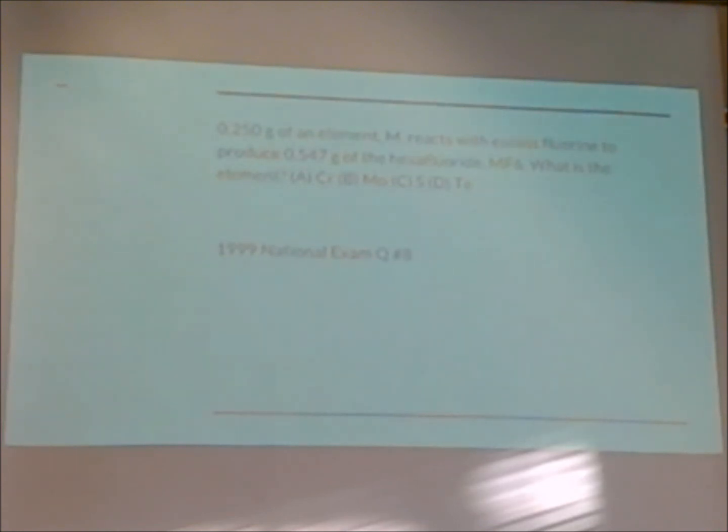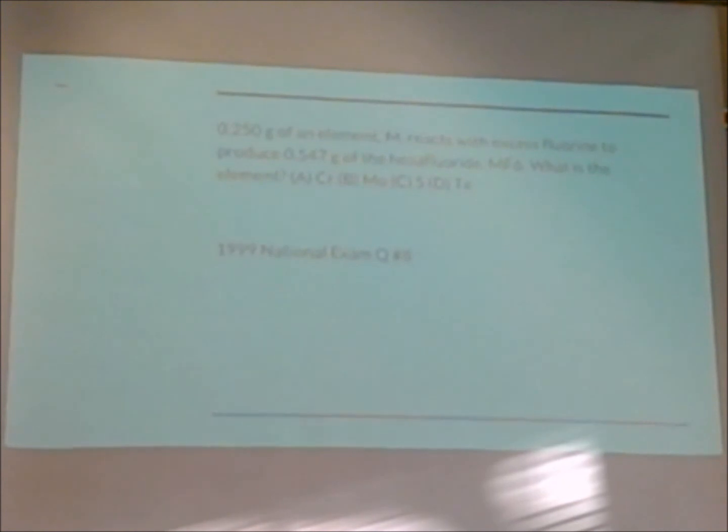So we basically have a linear equation. 0.250 equals 0.0026 times X. So I'm just going to quickly do this. We're going to divide both sides by 0.0026 to get 96.15. So X is 96.15. So we know that this is how many grams for every mole there are.